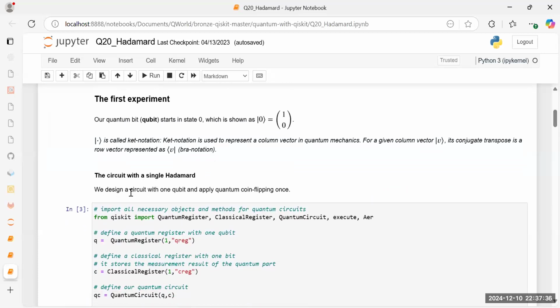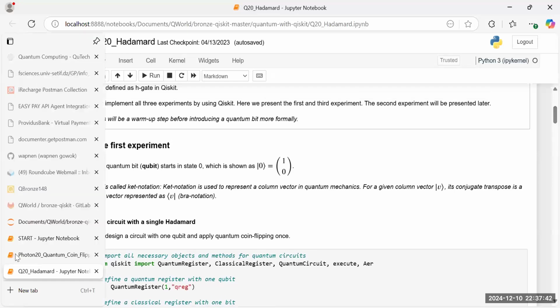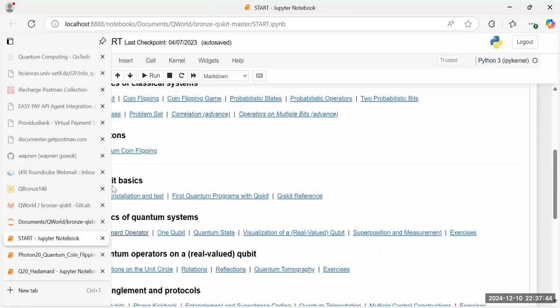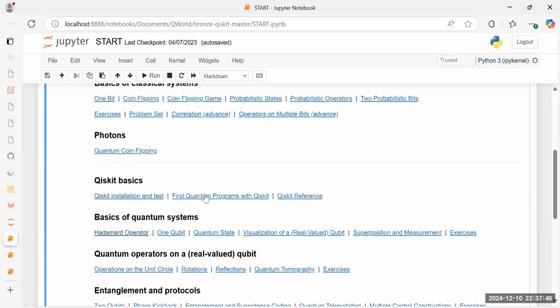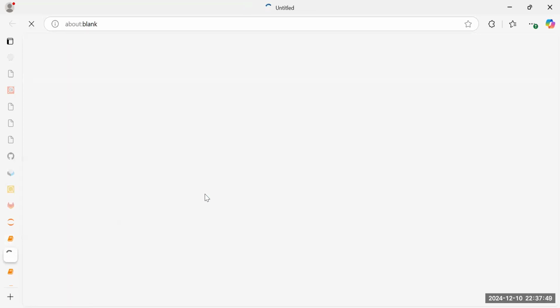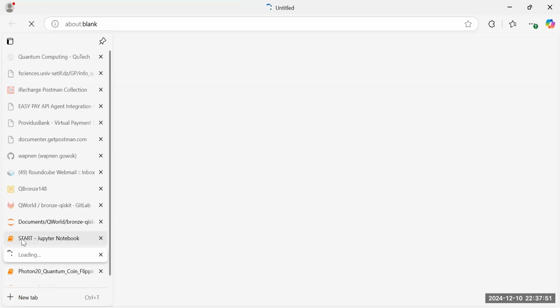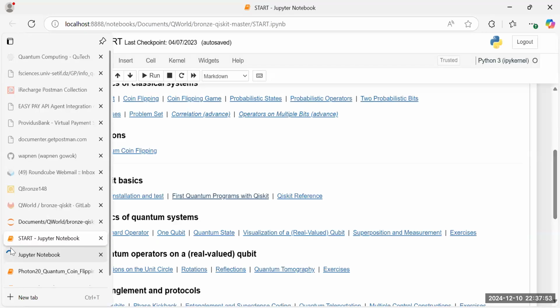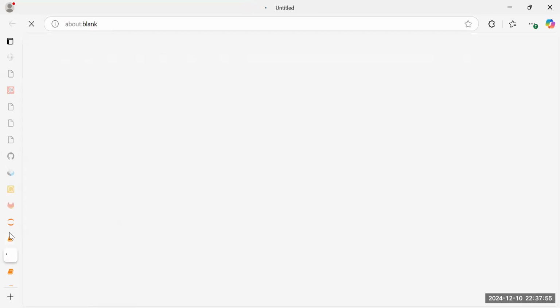Just below, we're going to start exploring quantum circuits. So let me go back and start off with the notebook you see here.